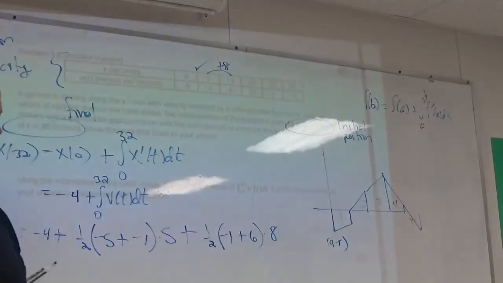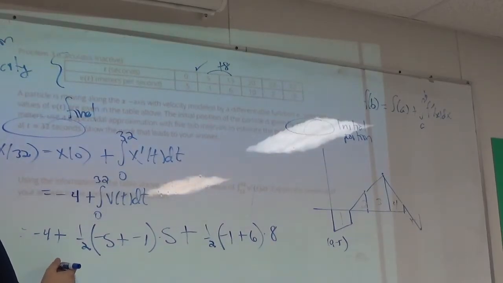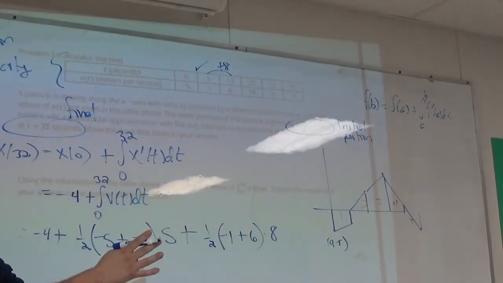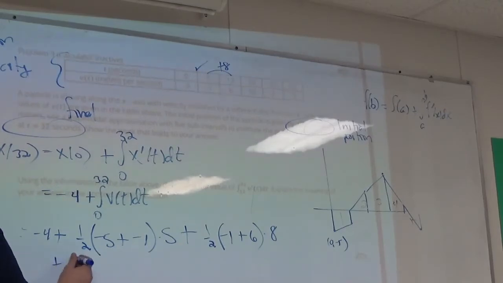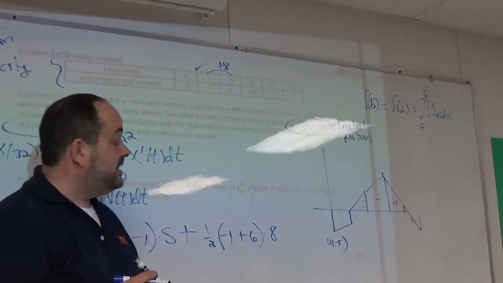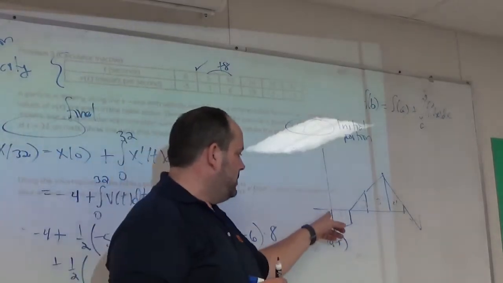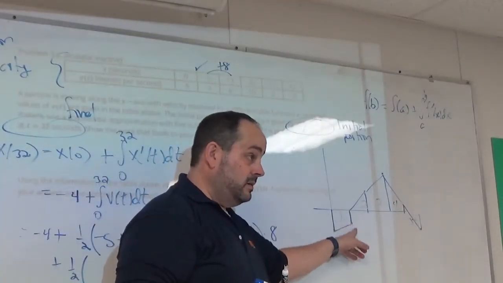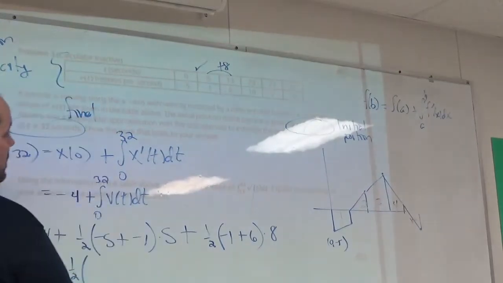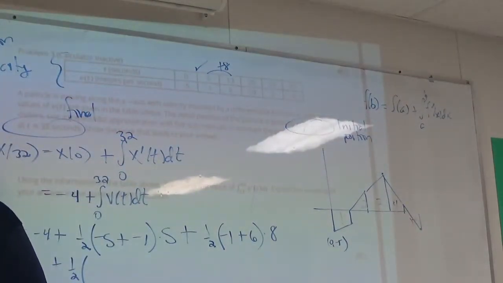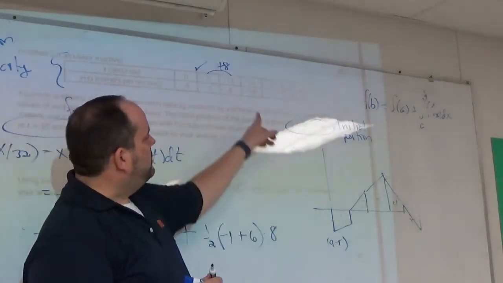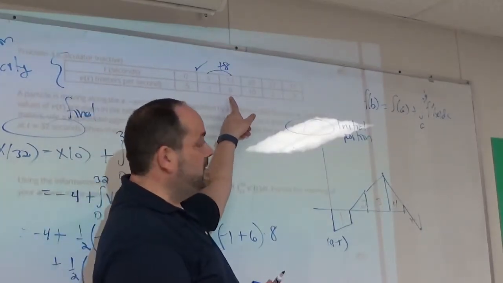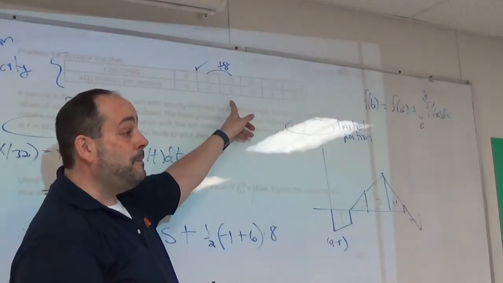Jeanette, how are you feeling about that third trapezoid? Area for the third trapezoid, 1/2 times... How long is the first base? Remember the length. Is it 1? It's not going to be 1. If you're at (13, 6), the 6 represents the base.